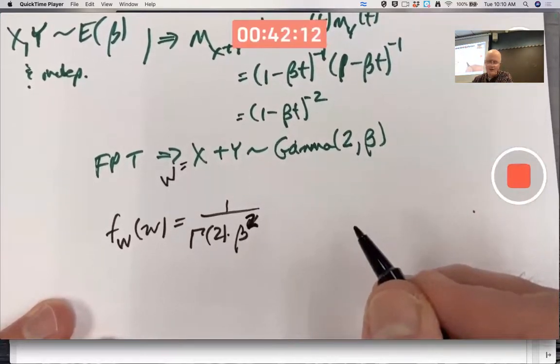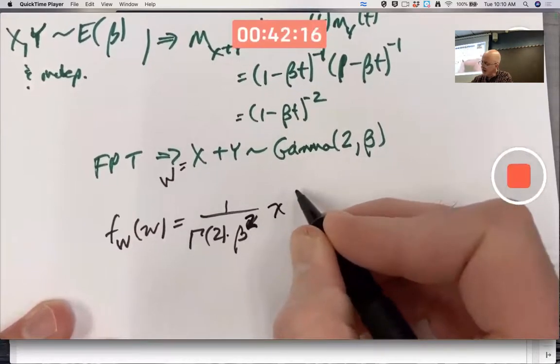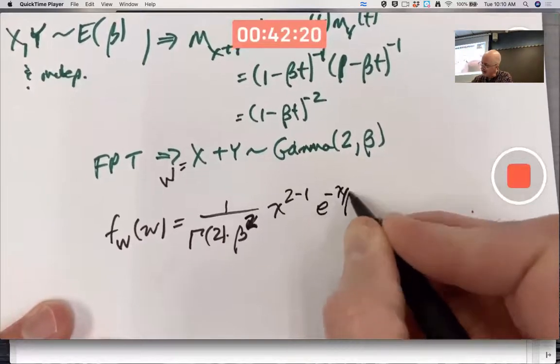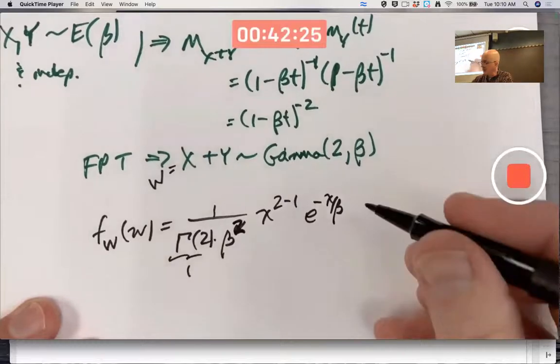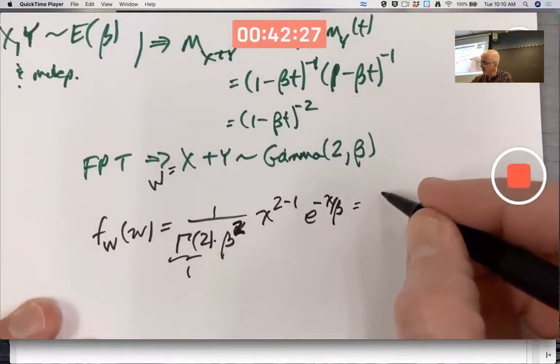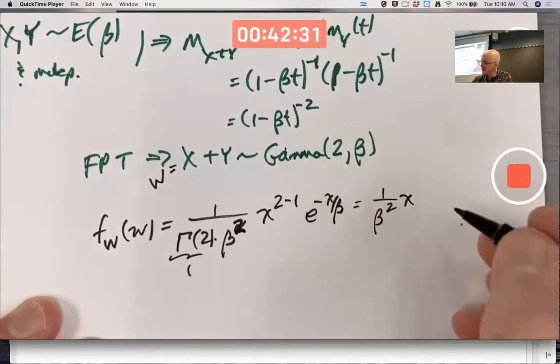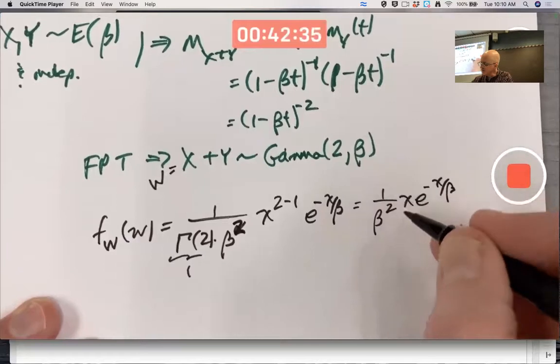It's beta to the alpha in general. Times x to the alpha minus 1, which is 2 minus 1, e to the negative x over beta. Capital gamma of 2 is 1. So this is 1 over beta squared. 2 minus 1 is 1. There's the PDF. Oops, I should use a W instead of an X.